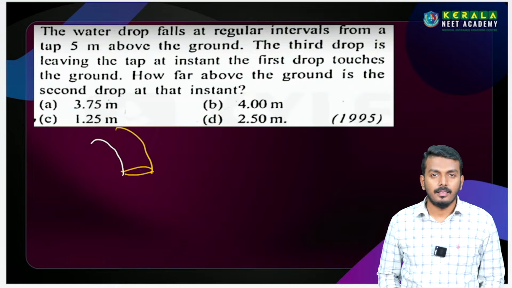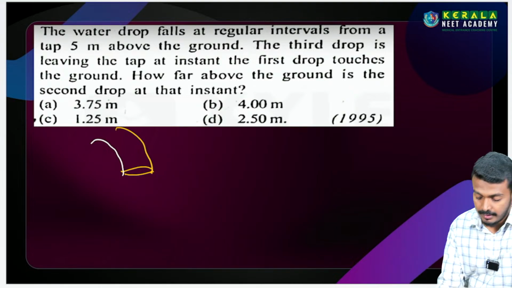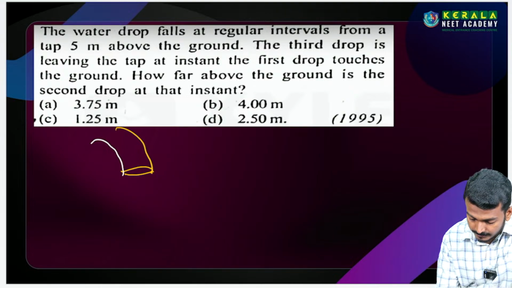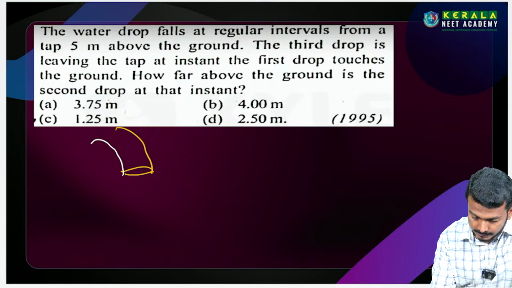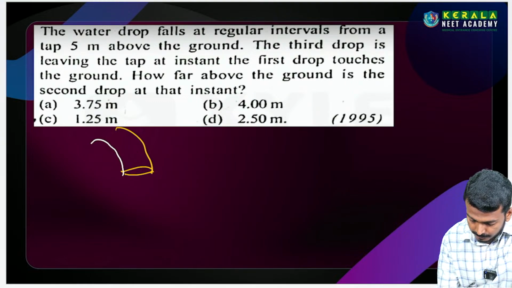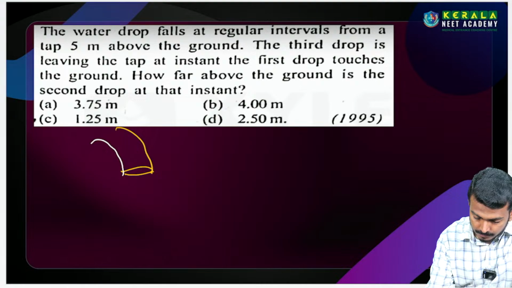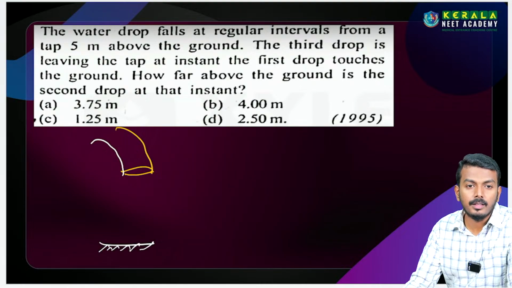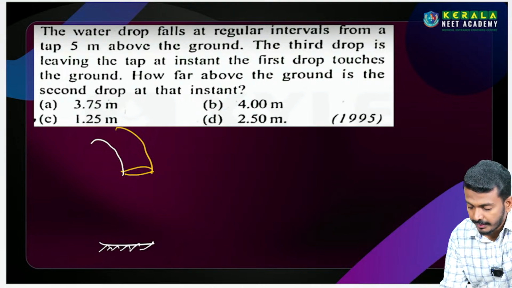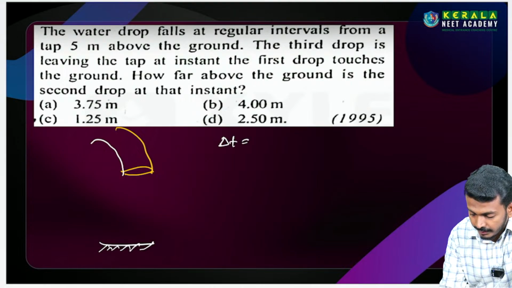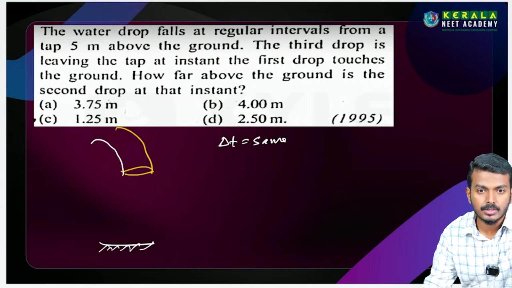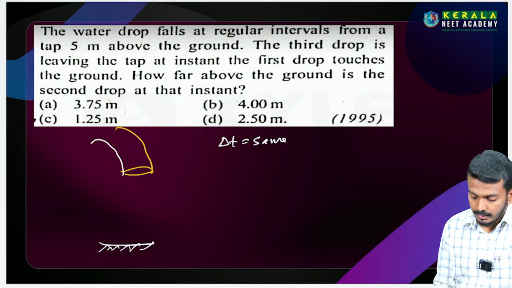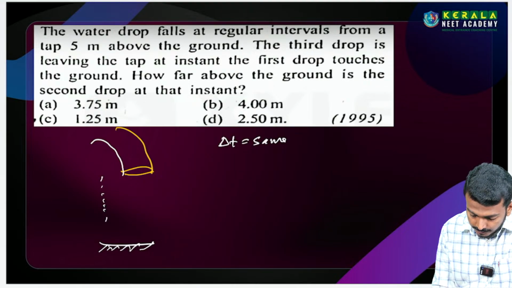Okay, ready? Listen, what is given in the question? The water drops fall at a regular interval of time, meaning delta t is the same. First point, at what height is the body?